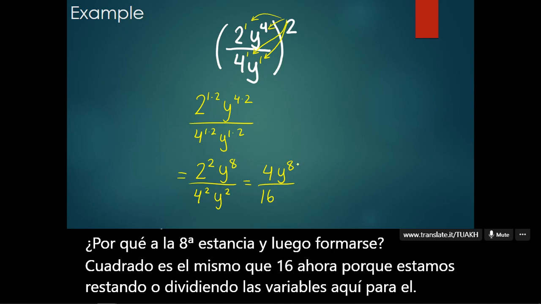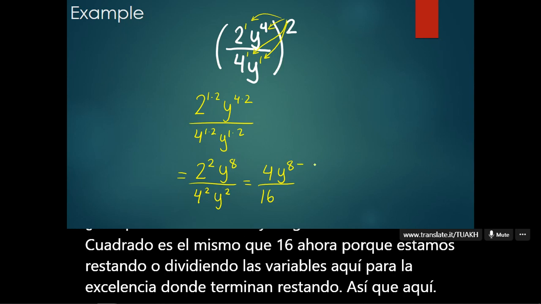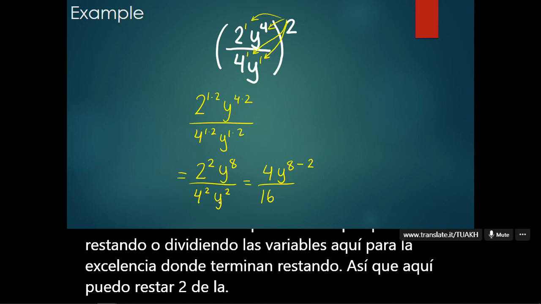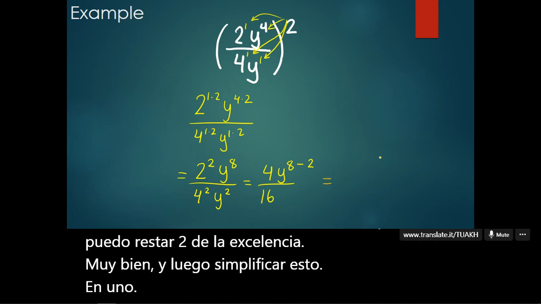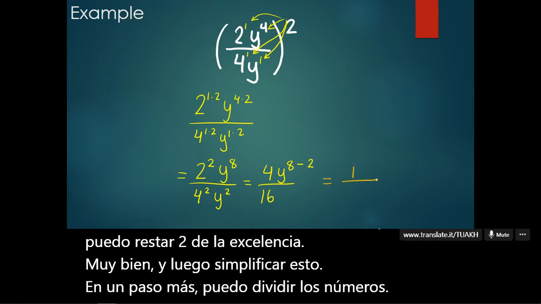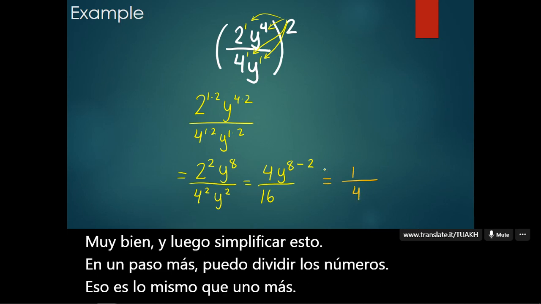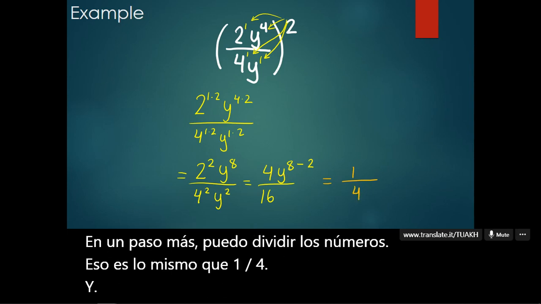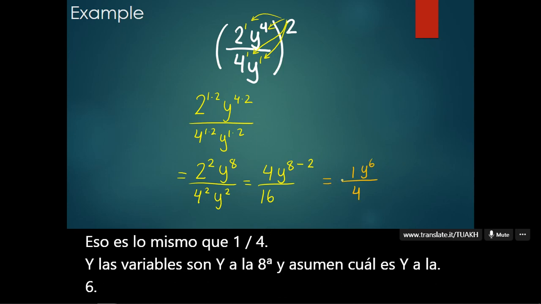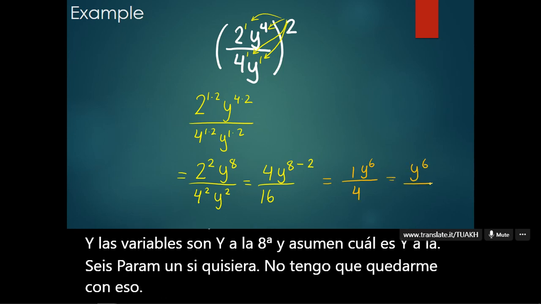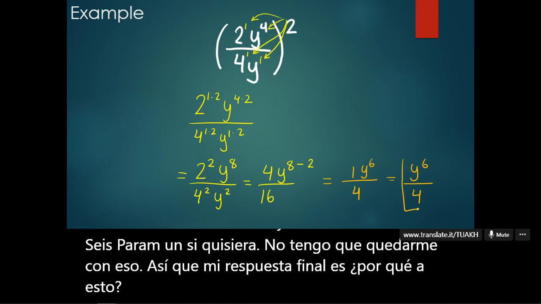So here I can subtract 2 from the exponents. All right, and then simplifying this in one more step, I can divide the numbers. That's the same as 1 over 4. And the variables are y to the 8 minus 2, which is y to the 6th power. And if I wanted to, I don't have to keep that 1. So my final answer is y to the 6th divided by 4.